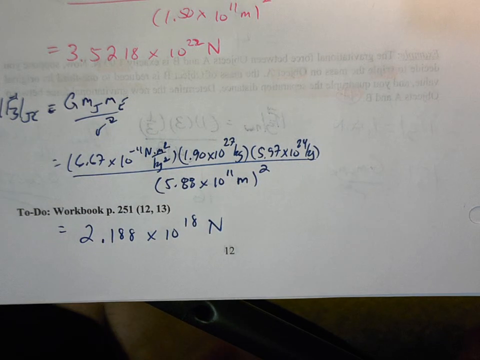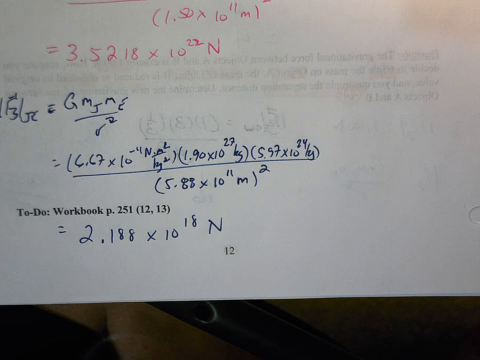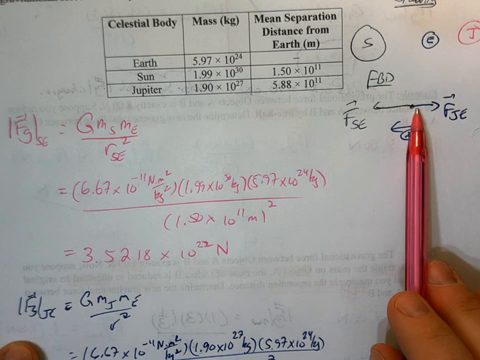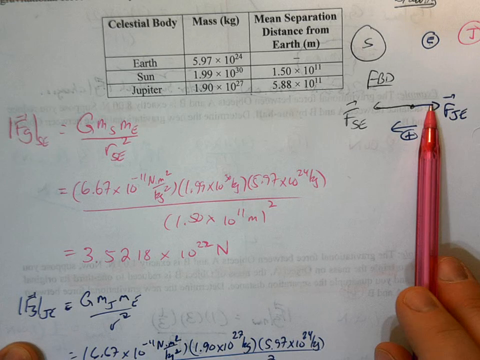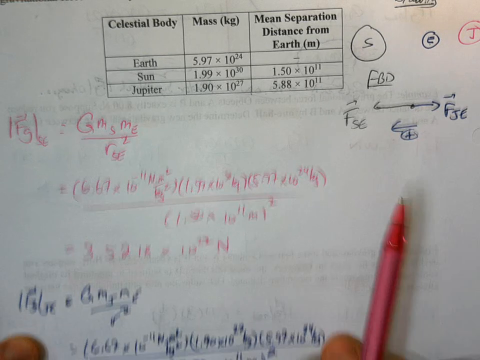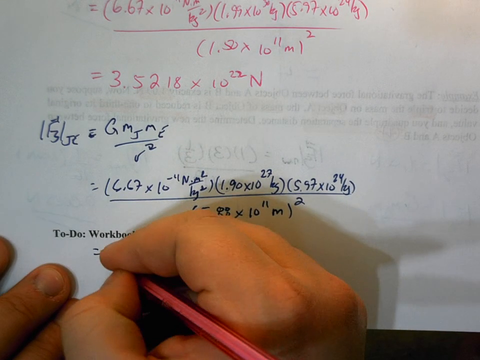Now, this is the thing that we have to watch for. This is a drawback of Newton's law of universal gravitation. It doesn't have negative signs built into it. You have to put it in. Because if I go back to my free body diagram here, I can see that the force of Jupiter on the Earth is going right, and we've called left positive. We have to put that negative in here.